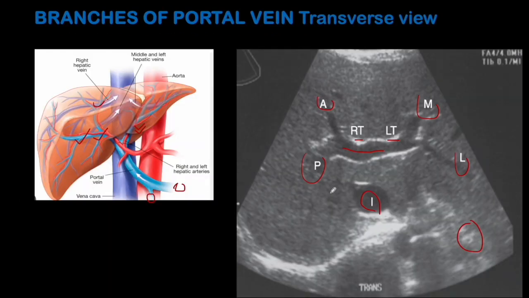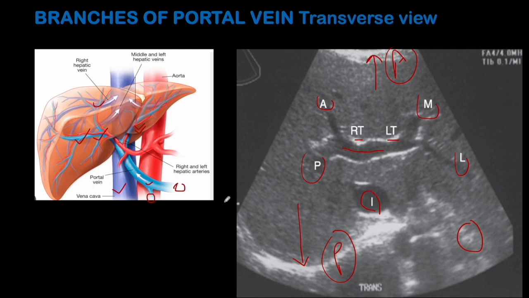Another important thing that you have to remember is inferior vena cava is the most posterior structure. Here in this diagram, you can see this is IVC or inferior vena cava, and this is portal vein. Portal vein is located anterior to the inferior vena cava. So in ultrasound, anything that lies in the superior aspect of the screen is anterior and this is posterior.